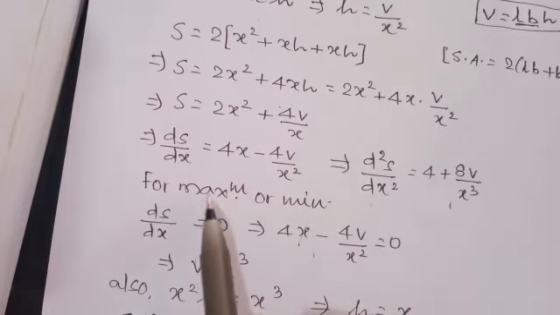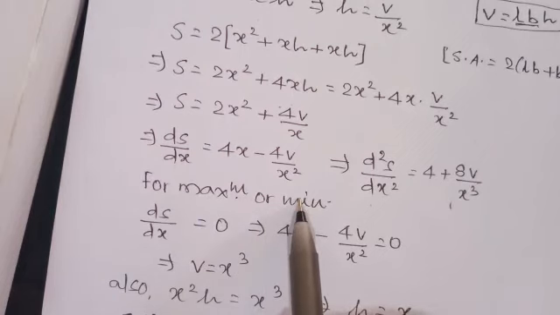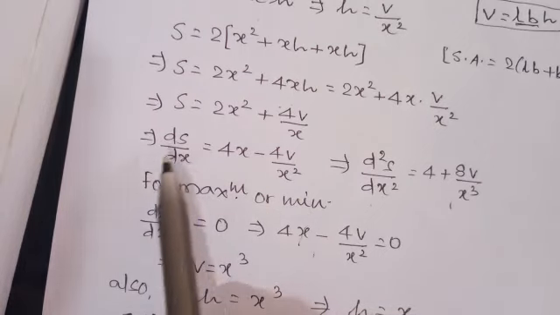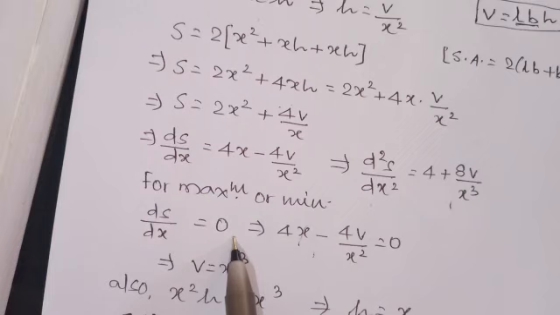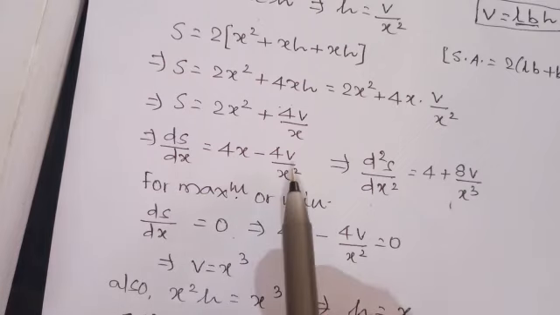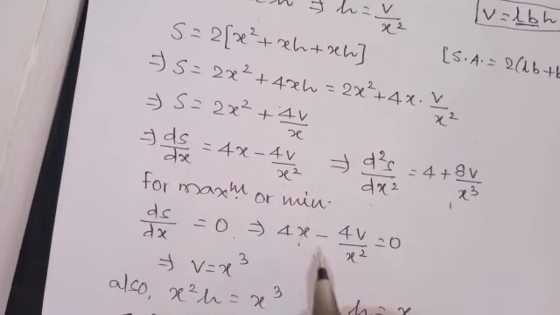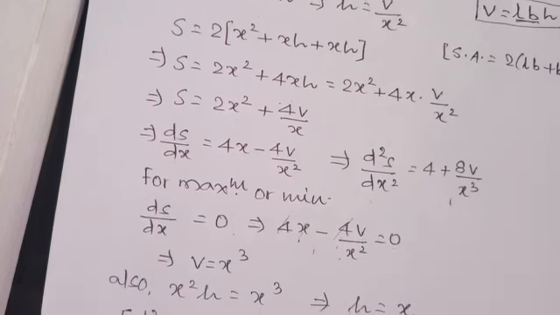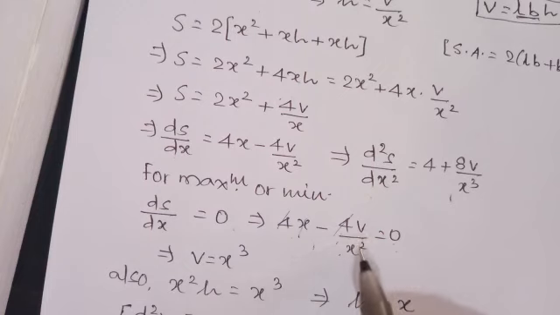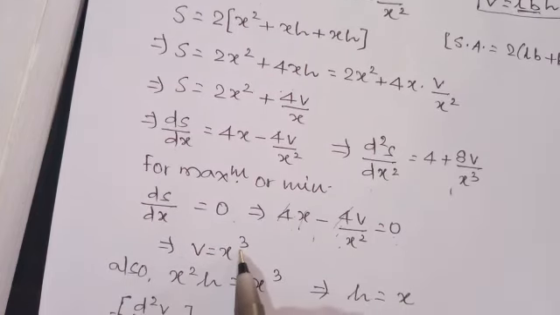Hence for maximum or minimum, you know ds by dx will be 0. Put ds by dx equal to 0, meaning 4x minus 4v upon x square is equal to 0. Simplify this one. First cancel the 4s. Take LCM, x cube minus v is 0, meaning v is equal to x cube.